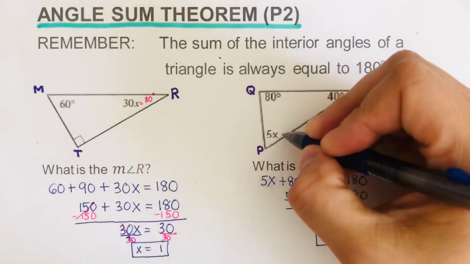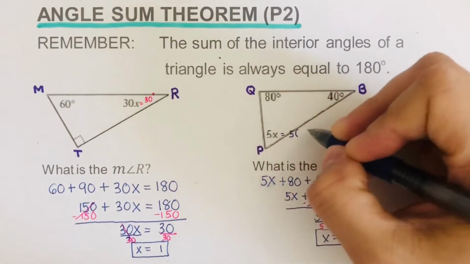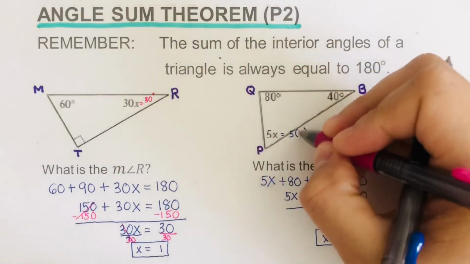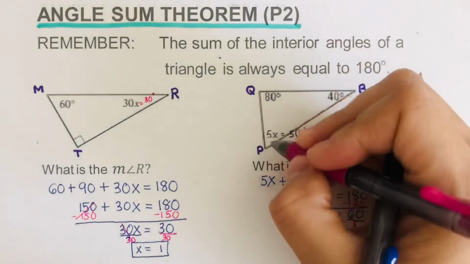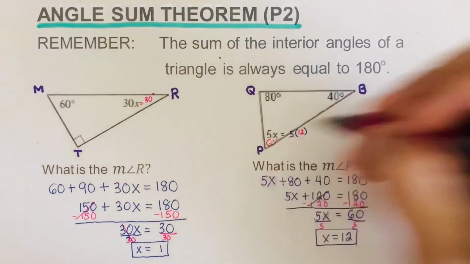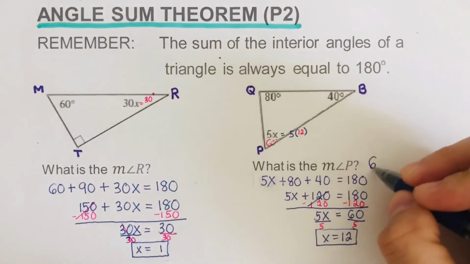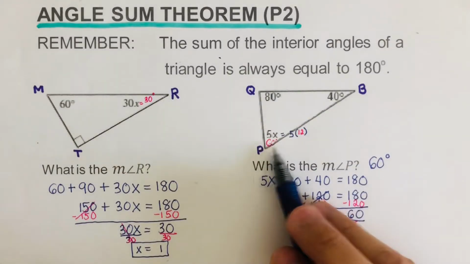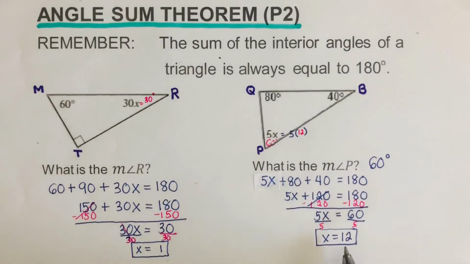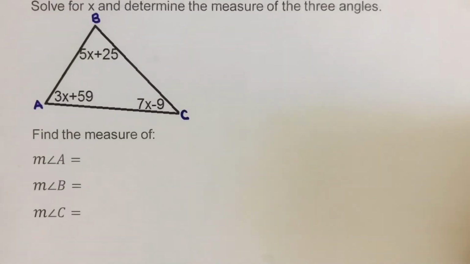So 5 times 12 is actually 60. So this corner right here is 60 degrees. And that makes sense because 80 plus 40 plus 60 is 180. Did you get the same answer as this? Good. Perfect. Now let's move on to this third problem right here.